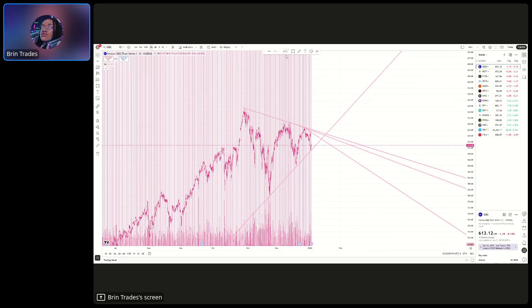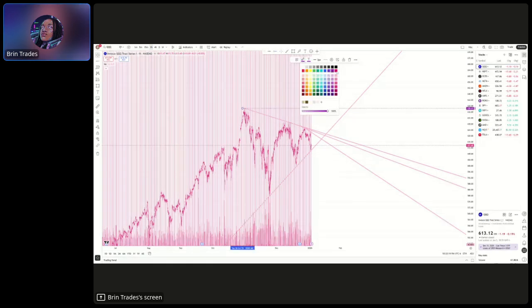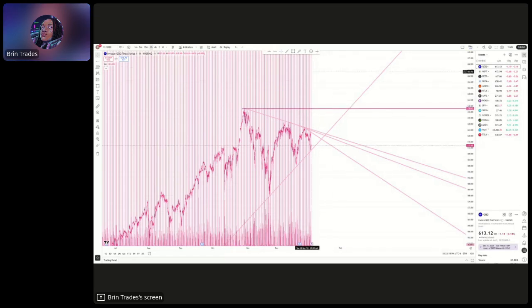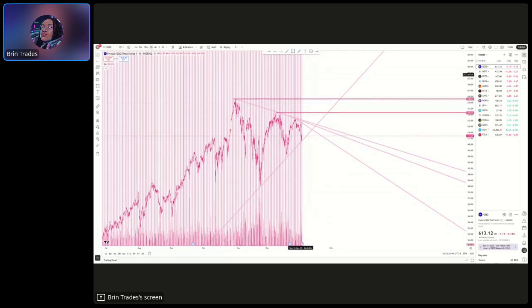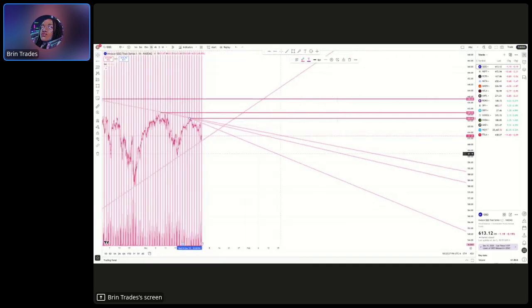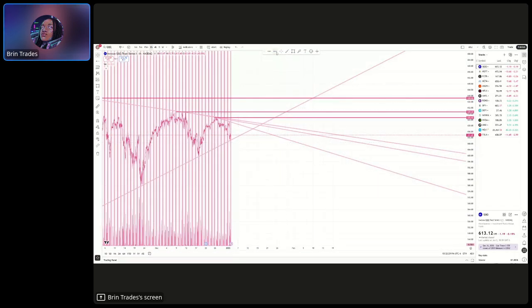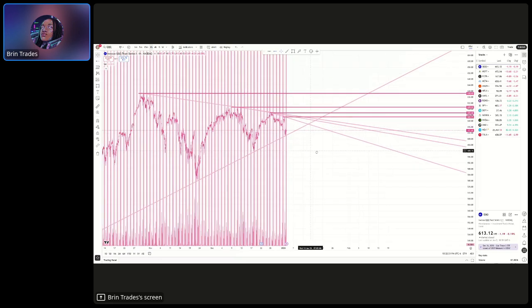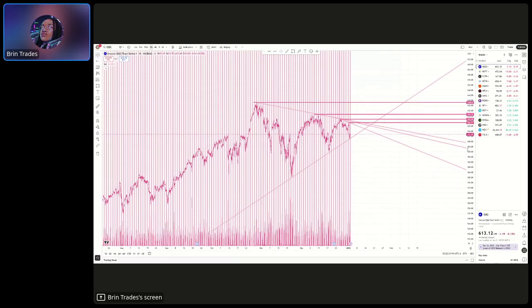Beginning to see a lower low here. Another lower low here. A lower low here. And another lower low here on the hourly.